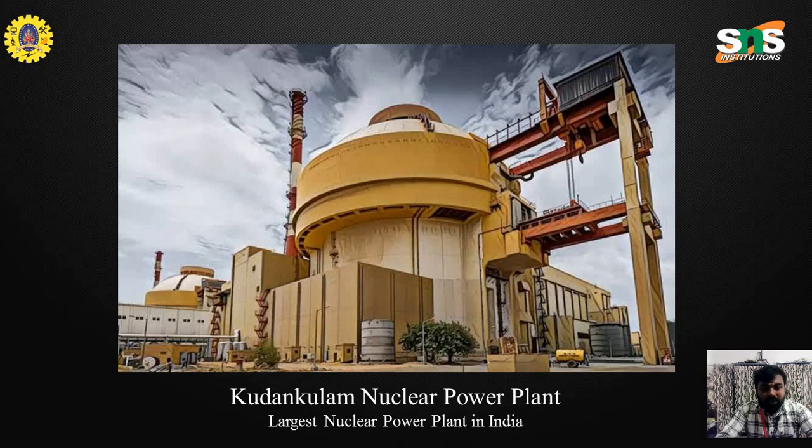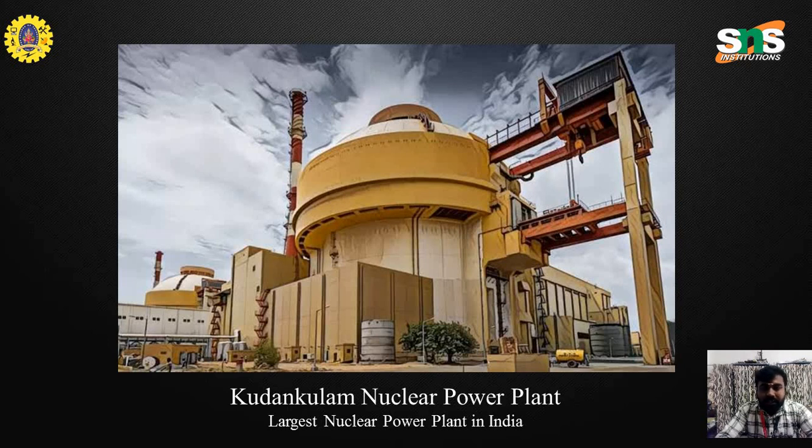So this is the Kudankulam nuclear power plant. It is the largest nuclear power plant in India. Here we are using uranium-235 as the working fuel. From the uranium-235 nuclear fission reaction, we can generate electrical energy and supply it to the applications. The advantages of the nuclear power plant are that less supervision and less space are required.